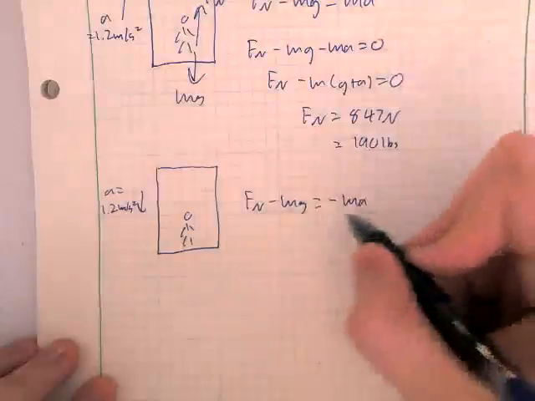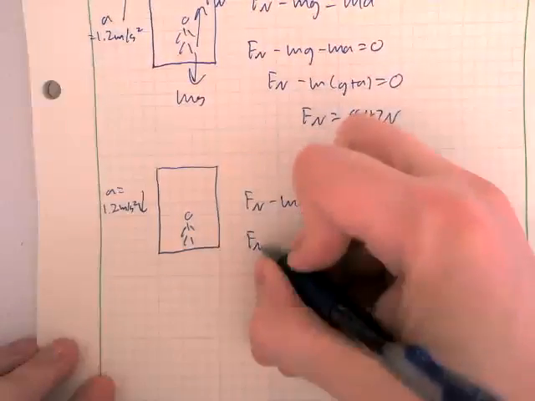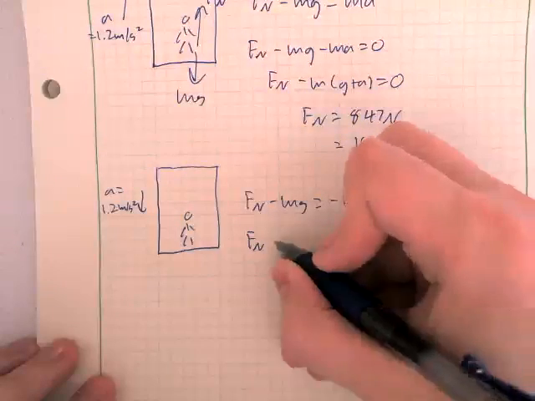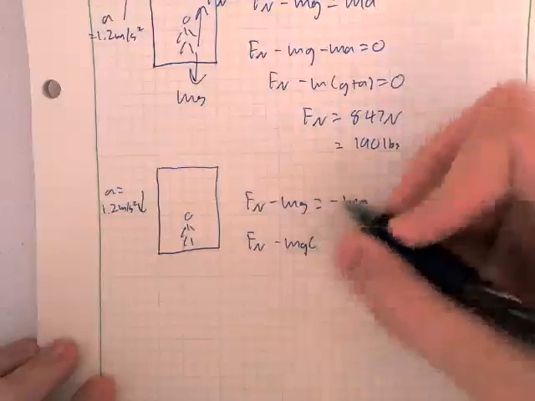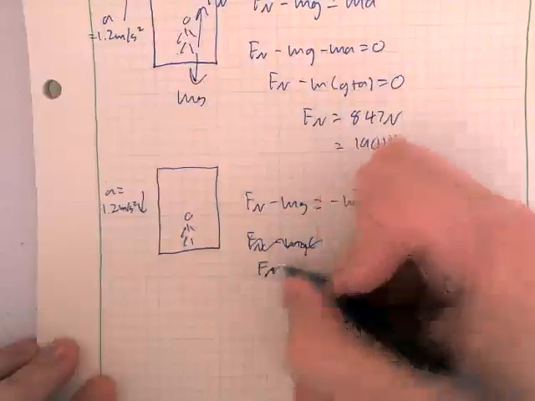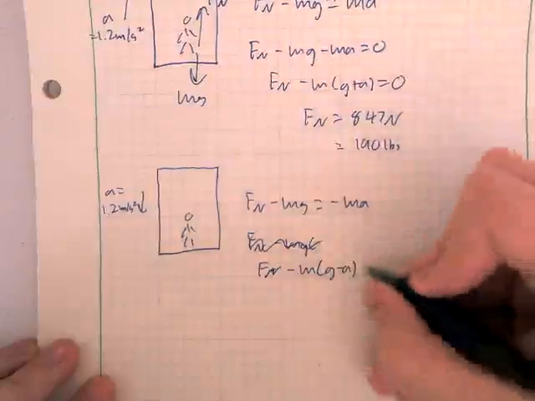Here are my forces, here's my net force. And so, of course, I can rearrange this again. I can say the normal force minus m times g minus a equals 0.